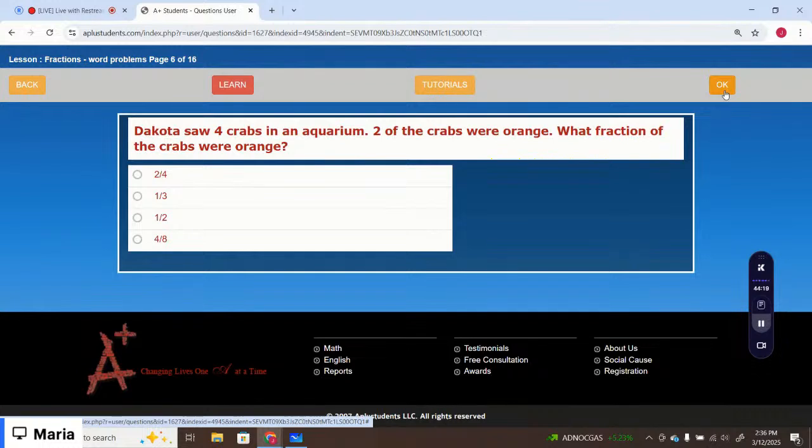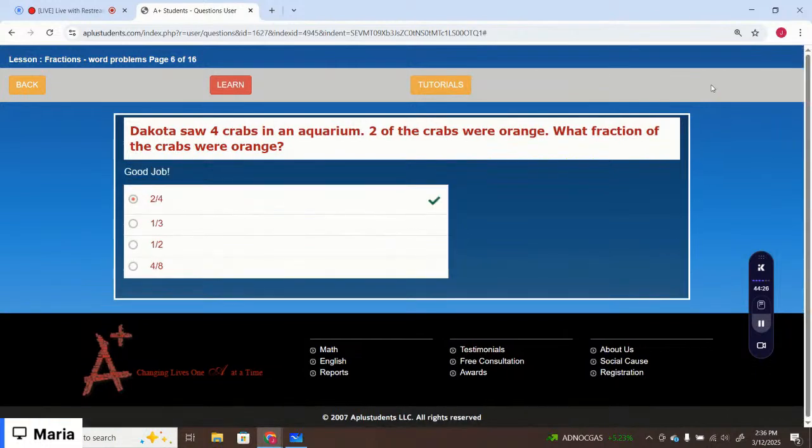That is 2 out of 4. Option number one is the correct option. The total crabs were four. Two of them are orange. So that is 2 out of 4.